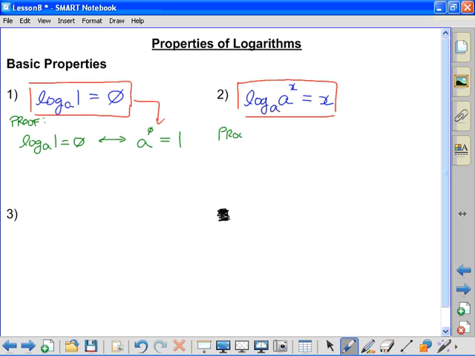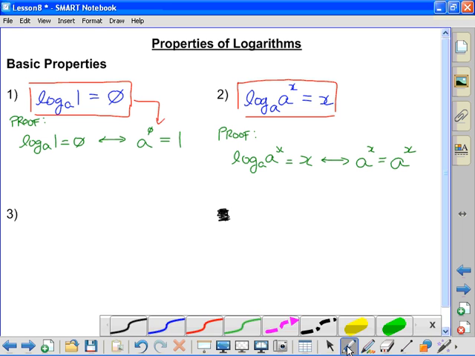So proof. Most of these proofs, I like them because they're just simply rewriting them in exponential notation. It takes care of the proof. So if we take that expression, log base a of a to the x equals x, write it in exponential form, so we just write it as the inverse. The argument comes out front, so a to the x would equal the base to the term on the other side.